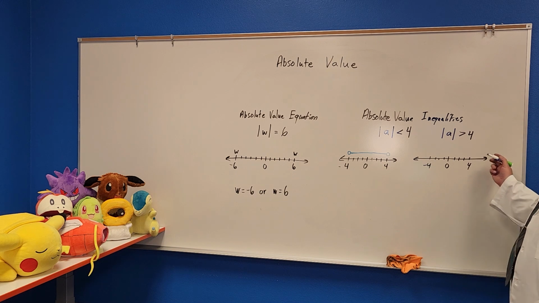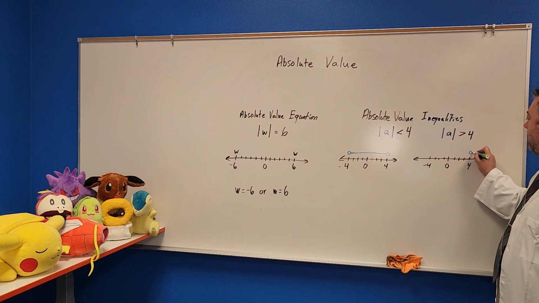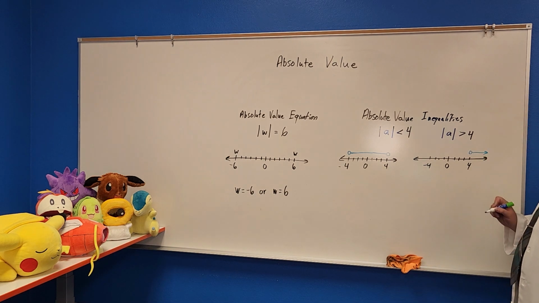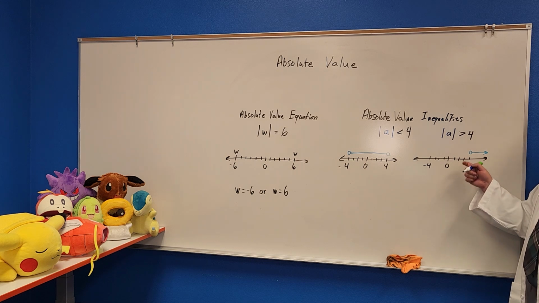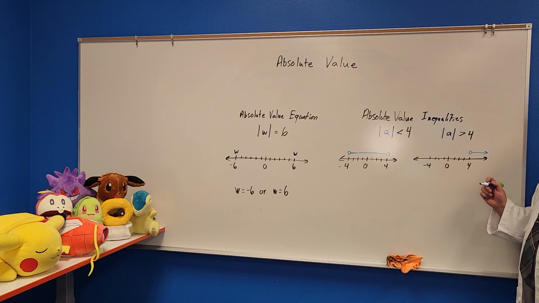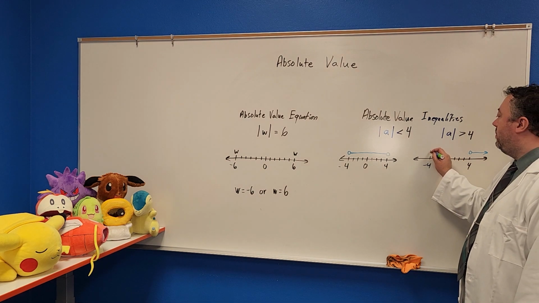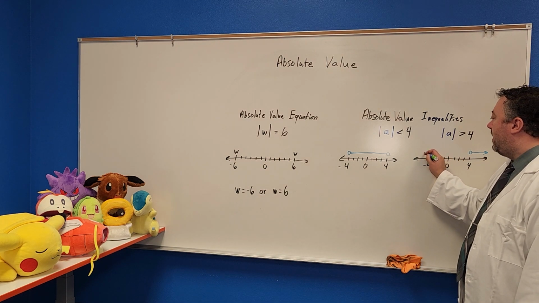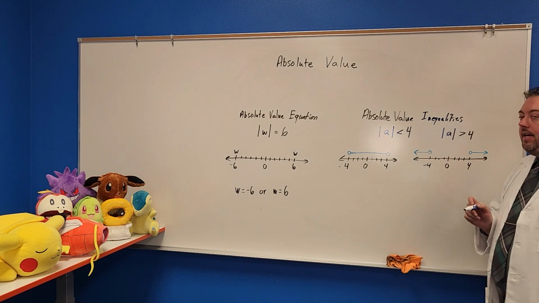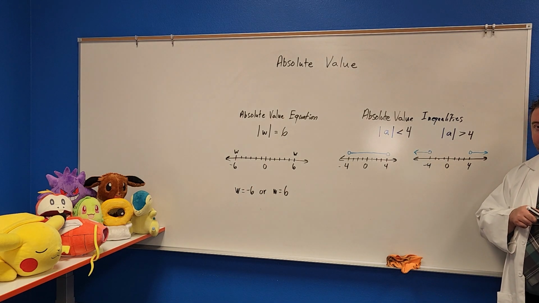So we need distances that are to the right, that are more or greater than 4, but we also could use numbers that are to the left of -4 or less than -4.